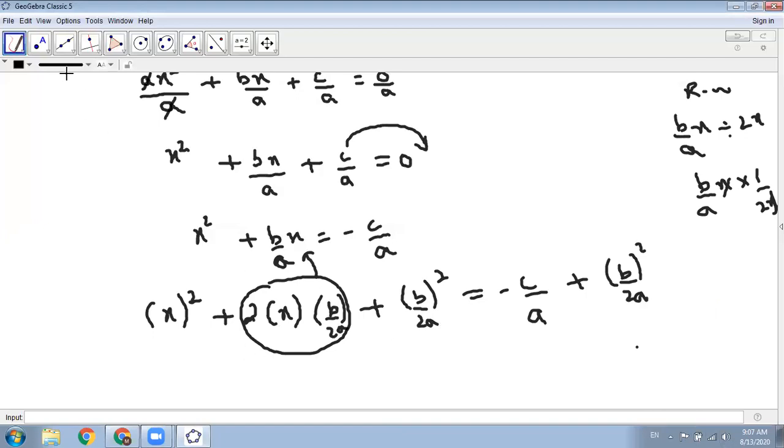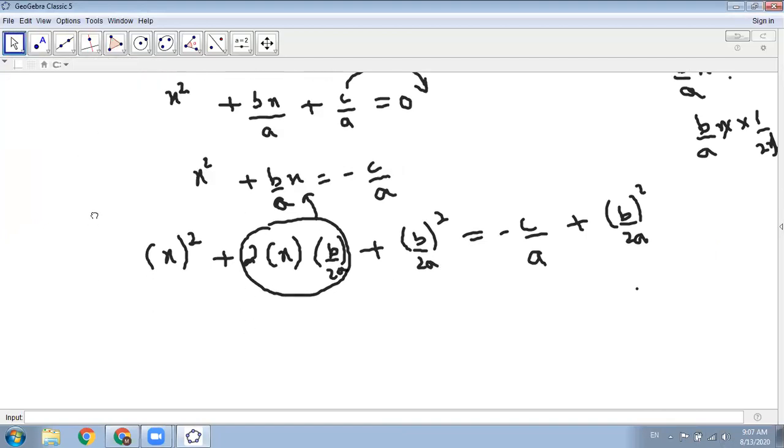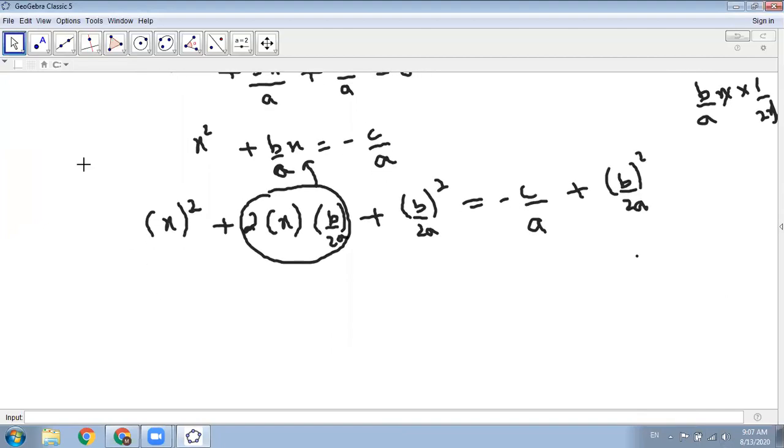Now it will become a complete square. So we can write this as x representing a, and our b is b upon 2a.